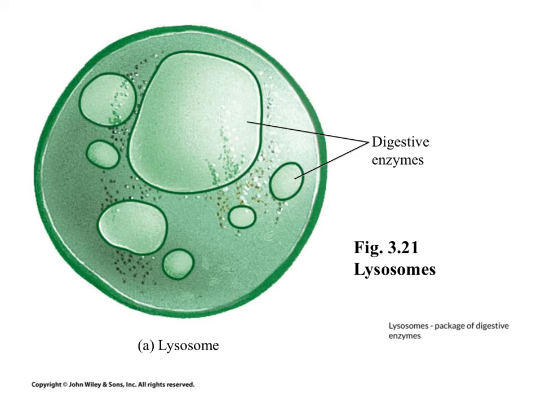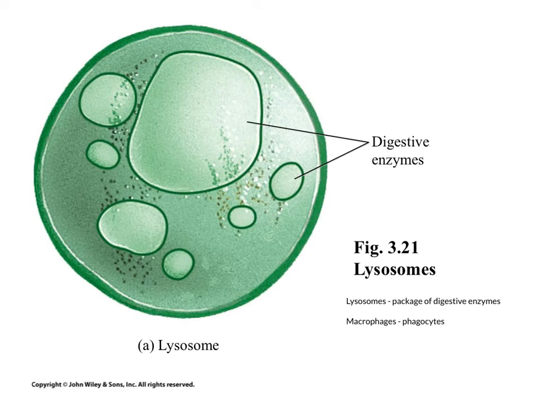We see a lot of lysosomes in cells that are called macrophages. I just mentioned the word phagocytosis. Macrophages are phagocytes or phagocytic cells, and their purpose is to go around eating things.